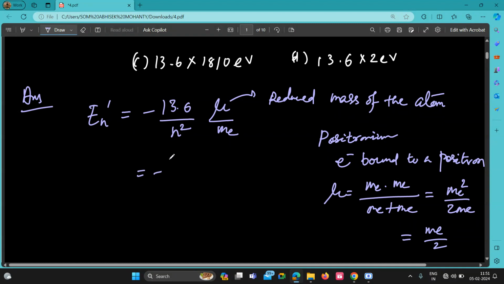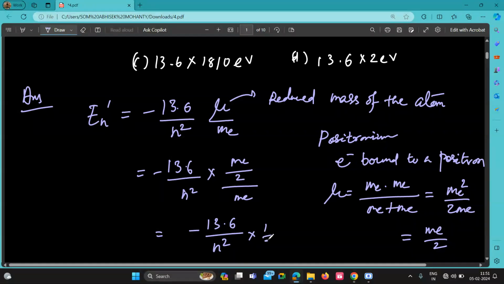So I will just put it here: minus 13.6 by n square, into me by 2, whole divided by me. That will give minus 13.6 by n square into 1 by 2.